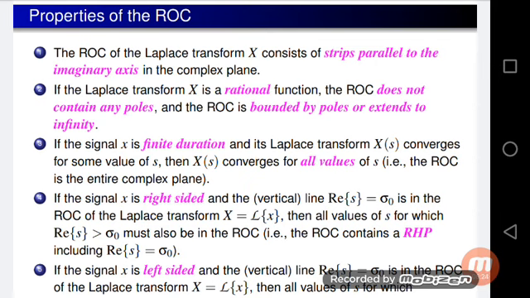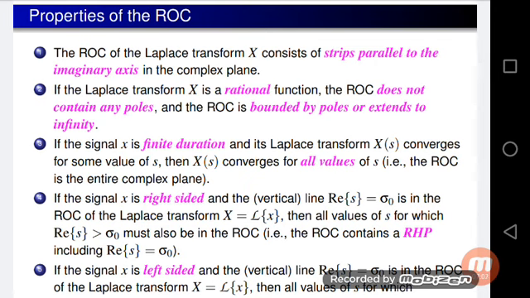Second, if the Laplace transform X is a rational function, the ROC does not contain any pole, and the ROC is bounded by poles or extends to infinity. So these are the conditions which explain the behavior of the Laplace transform X.